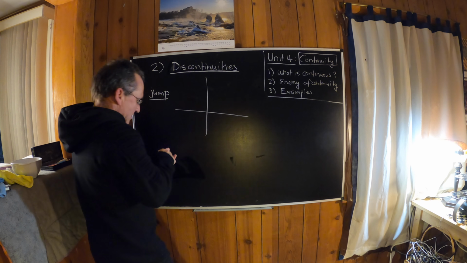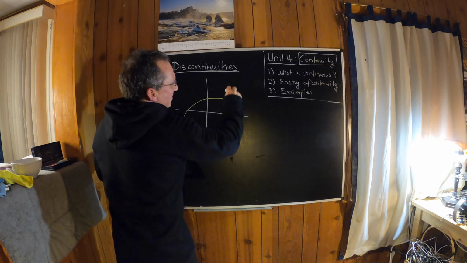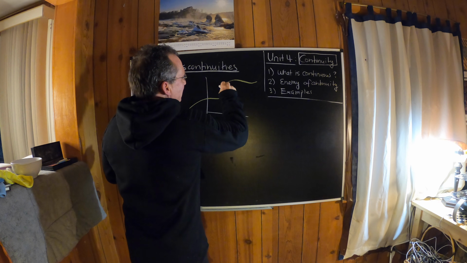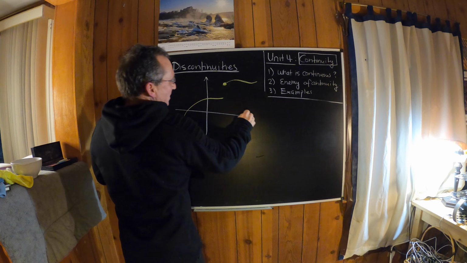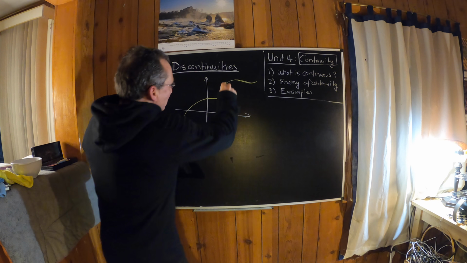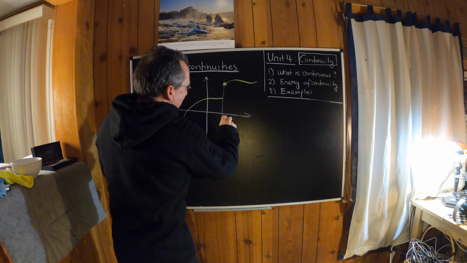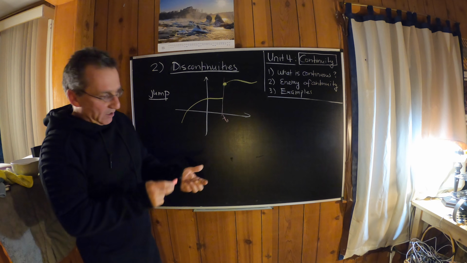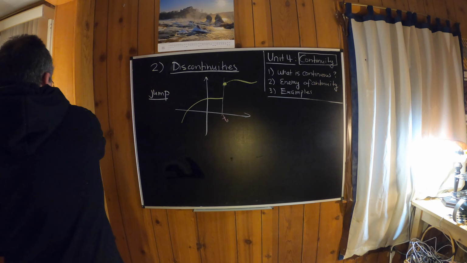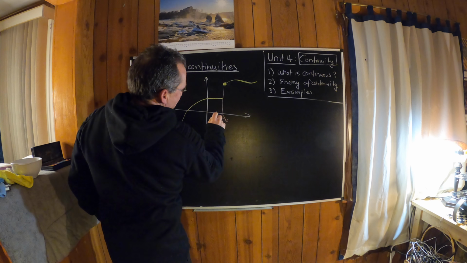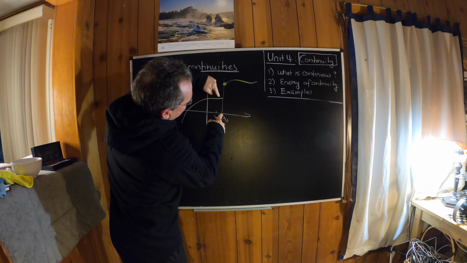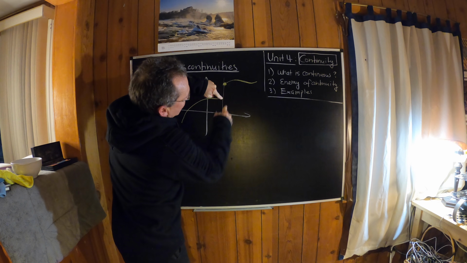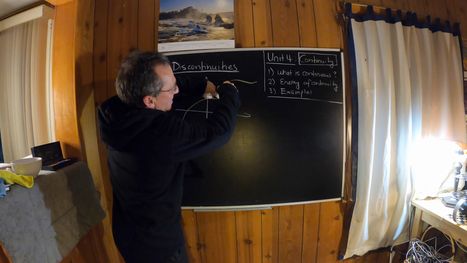If you look at this graph here, maybe the function value at that point is defined here. At that point x naught, the function is not continuous. The reason is that if x goes to x naught, we can be arbitrarily close to x naught and have a substantially different value than here.